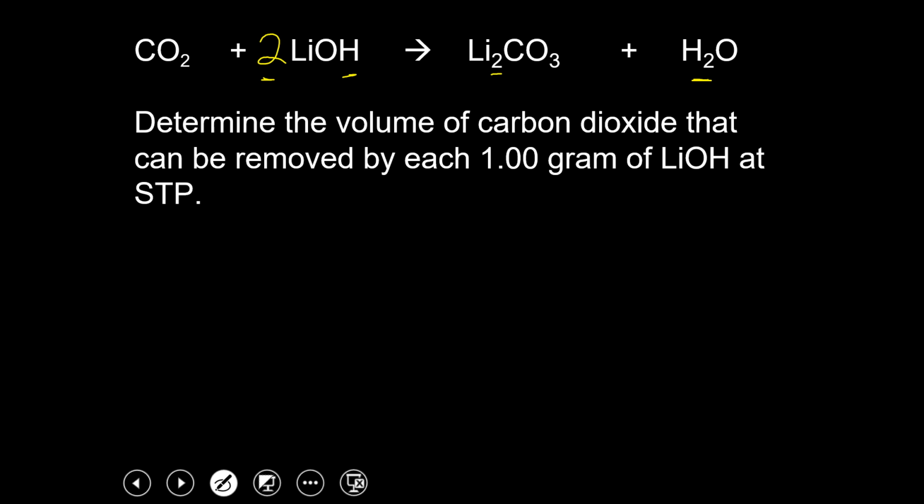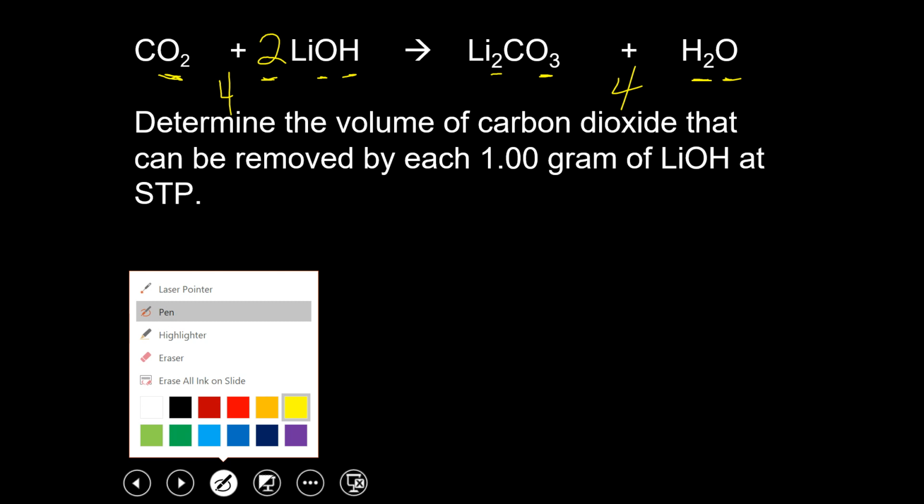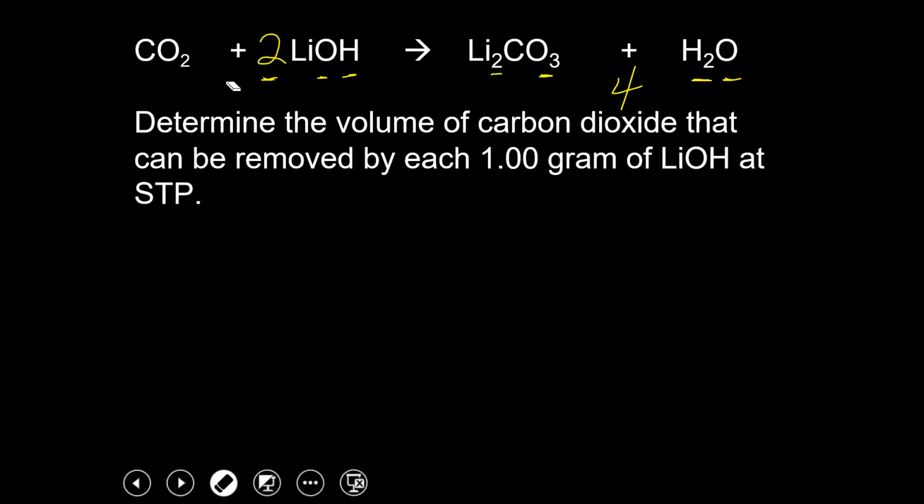Then my oxygen: 2 here, and then 2 here, that's a total of 4 on the left. And I have 3 oxygens and 1, that's a total of 4 on the right. So as it works out, with just putting the 2 in front of the LiOH, this is now a balanced chemical reaction.